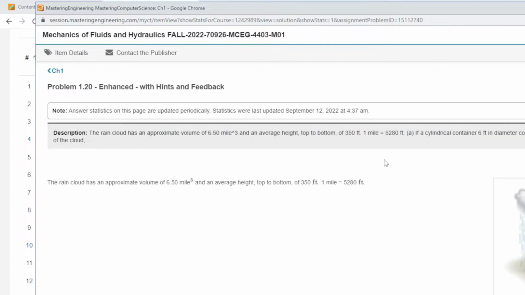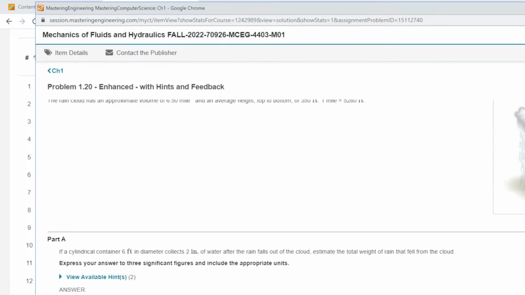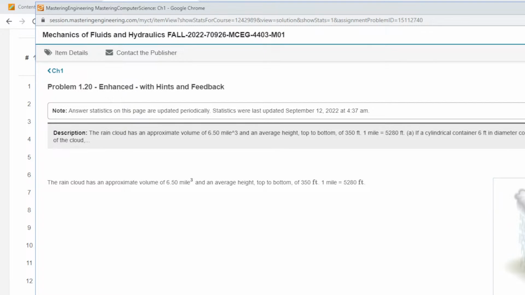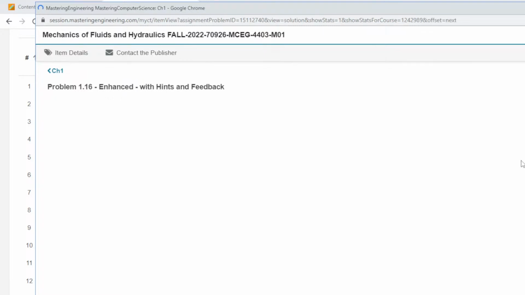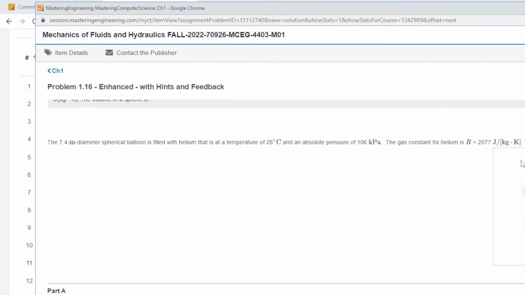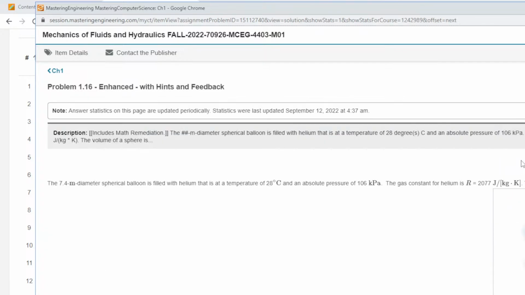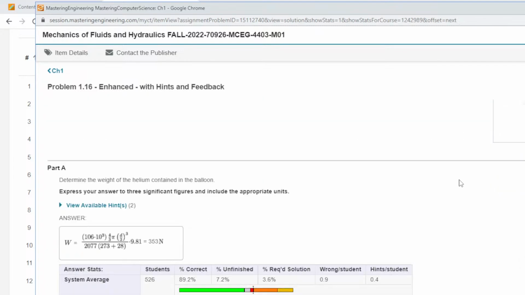There's the rain cloud one. That one probably. Oh yeah, that's why I'm remembering the unit problem. I put the answer for part C and part B.